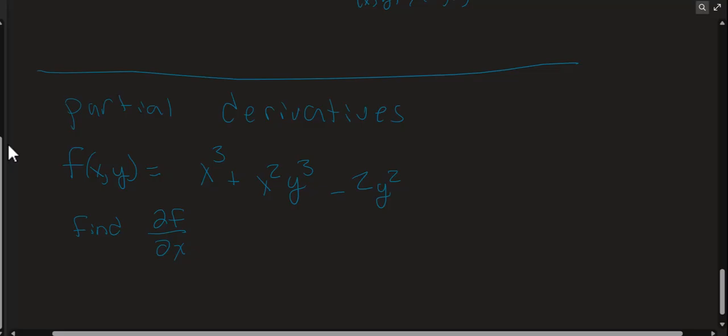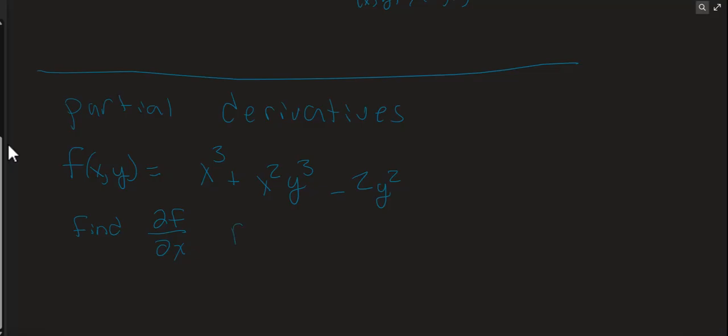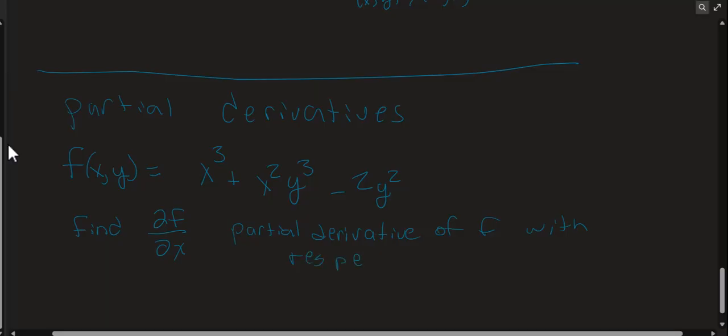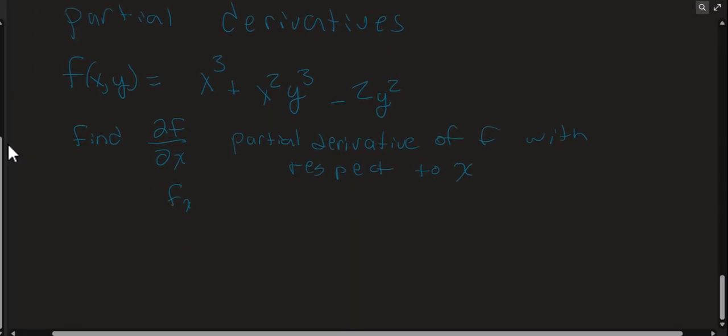Find df dx, that's the partial derivative of f with respect to x, or you can write it as f sub x. So you just go through and you differentiate it, and you just treat y as a constant. So you don't do anything to the y. The y is just a constant, just like if it was 5.